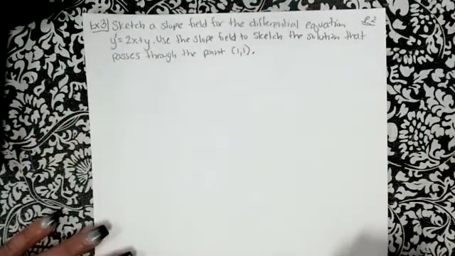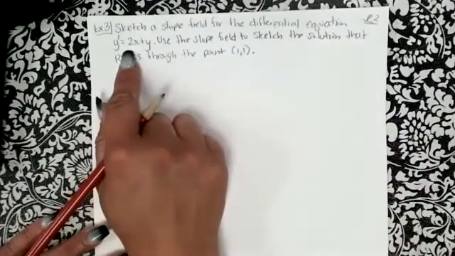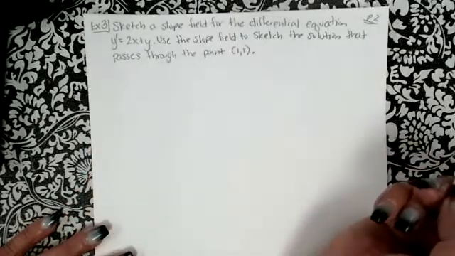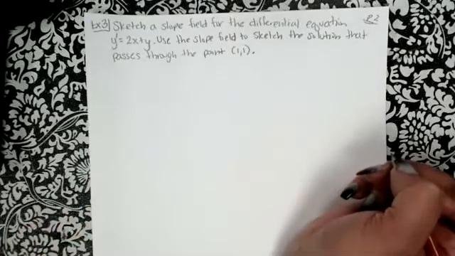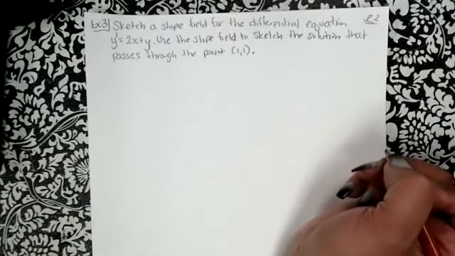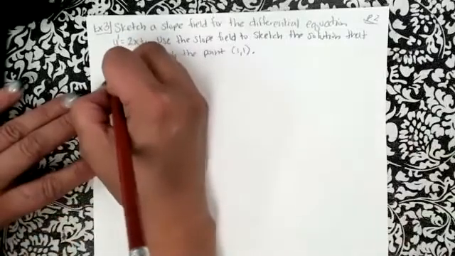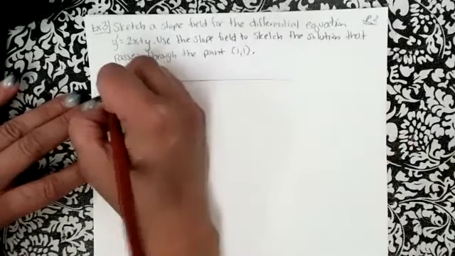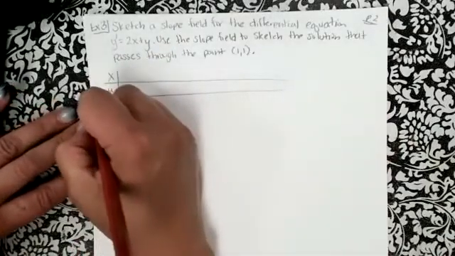So we're going to sketch a slope field with the differential equation. The derivative equation is going to be 2x plus y, so for all of the points you have to plug into 2x plus y to find out what the derivative is. And then we're going to use the slope field to sketch the solution that passes through the point 1, 1. So I'm going to make a table, and these are going to be all the slopes.